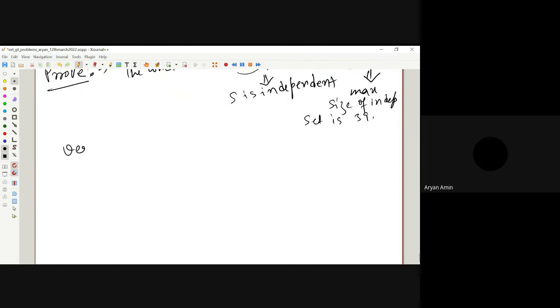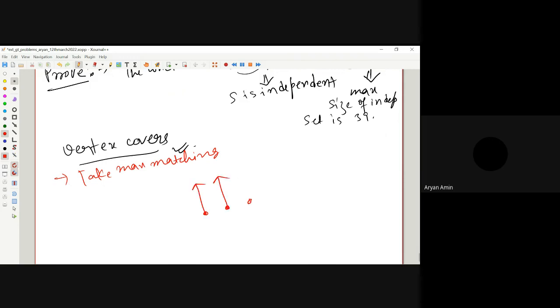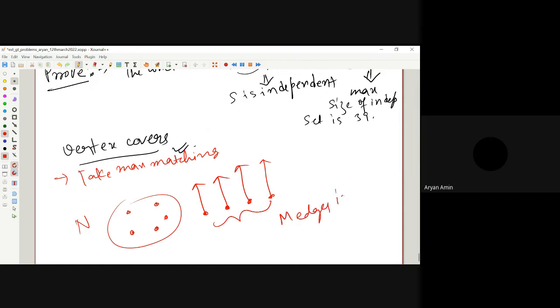Since we are dealing with vertex covers, what's a good way to think about vertex covers? We just did it in the last example: take a maximal matching. Suppose this is a maximal matching, and suppose this is the other part, call this N once again. Suppose there are M edges in the max matching.